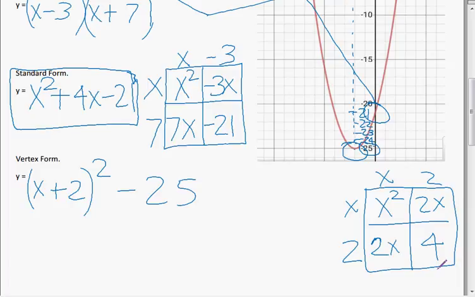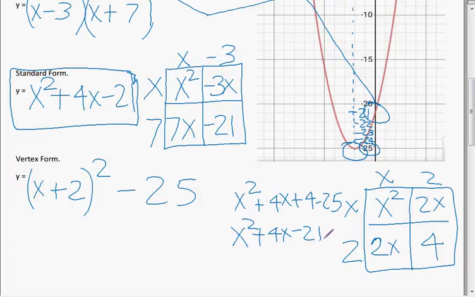So when I do my equation, I have x squared plus 4x plus 4 minus 25. And then I combine the 4 and the 25, plus 4x minus 21.